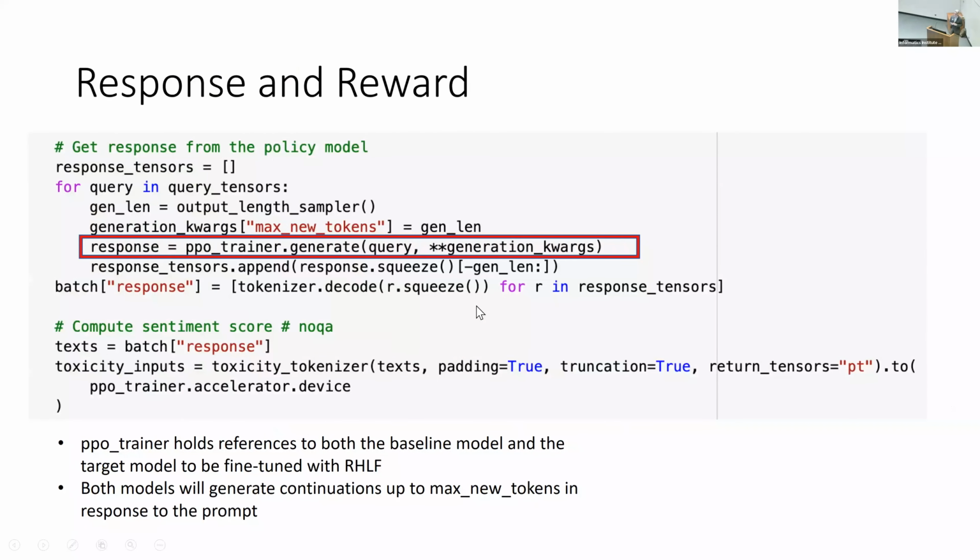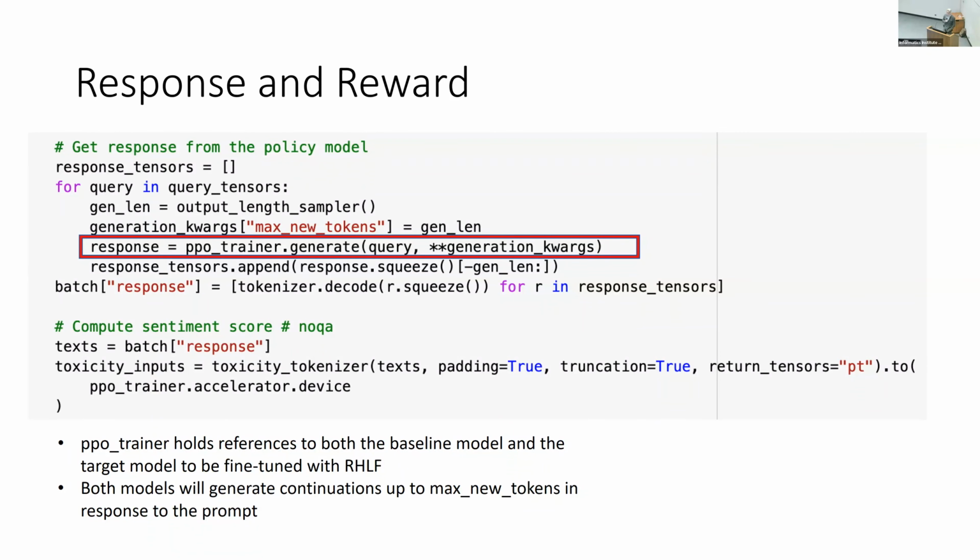Okay. So how does this work here? If you look at this, you have all your different prompts here. And when you're calling PPO trainer.generate, it's actually generating the responses. So this is like generating the actions for your agent in reinforcement learning. And if you looked earlier on, I think there's a configuration option where we showed that there's actually two models. So you're generating one from your initial baseline model, and you're also generating text from the one you're actually training, your target model.